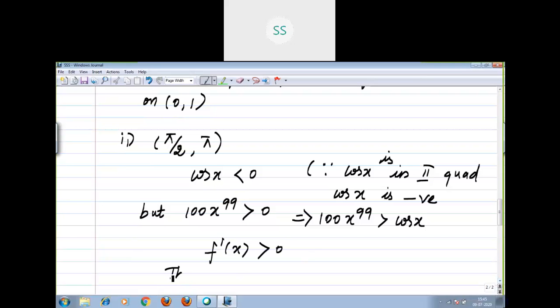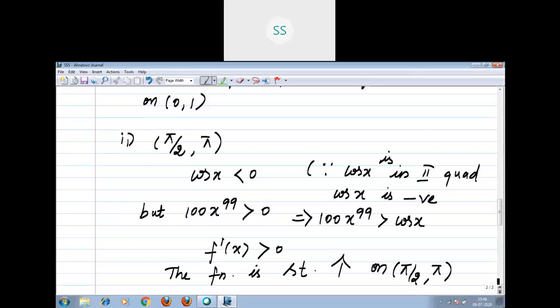That means the function is strictly increasing on pi by 2 comma pi, right children? Even though cos is negative, the previous value, for example 100, is greater, so you will get a positive. Like that the interval is, right?